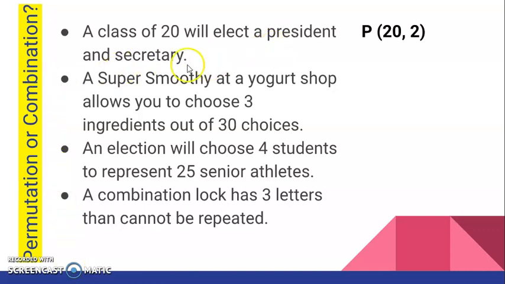You are electing a president and a secretary. There's definitely a difference between the president and the secretary. They are 2 distinct and unique, so order is important. Super smoothie would be a combination. Since you're going to throw that in the blender anyways, it doesn't matter what order they're in, so you can choose any of those 3 ingredients.